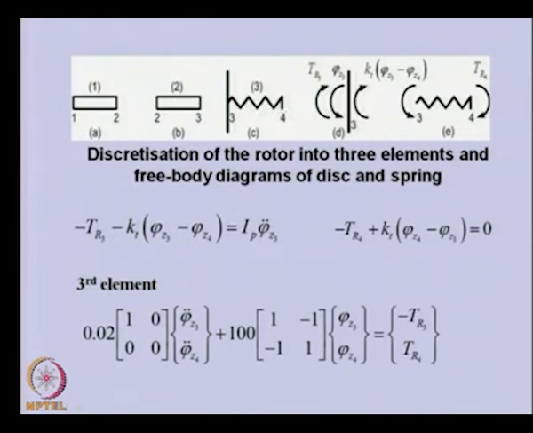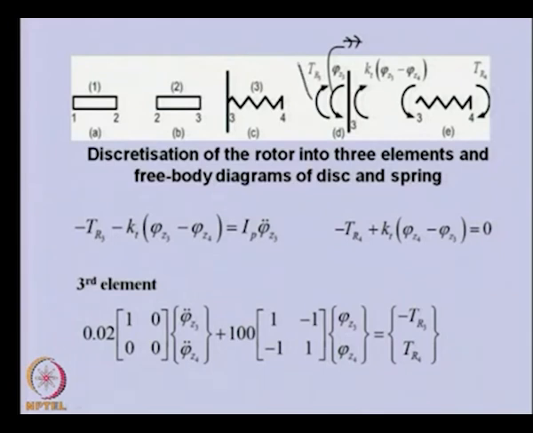For this, I have drawn the free body diagram of these two parts, the disk separately and the spring separately. So, the disk is having, let us say, this particular angular displacement positive in this direction.